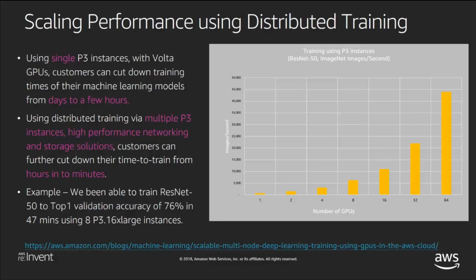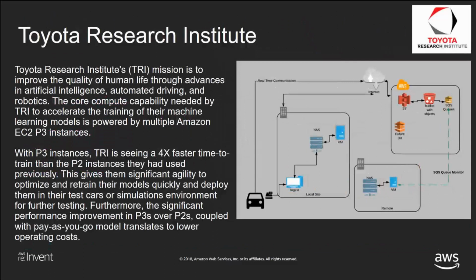There are also some benchmarks which you can take a look at. I haven't seen any of the new benchmarks with the P3dn instances, but you should be able to see even better improvement in the coming days. Toyota Research is actually using our P3 instances to run their research training for self-driving vehicles.